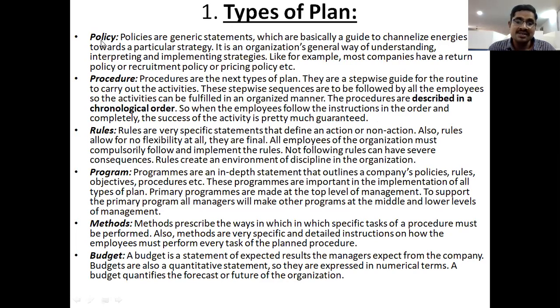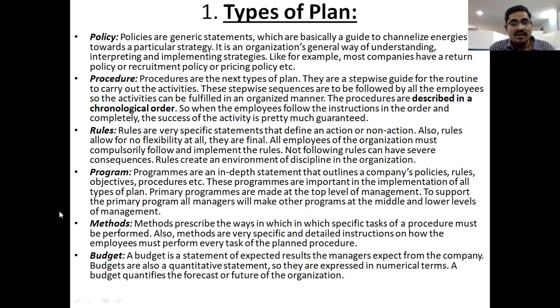Next, policies. Policies are simply guidelines for doing the tasks. Procedures: what are the processes of each and every business activity we need to do. The next, rules. Rules are very specific statements that define an action or non-action.